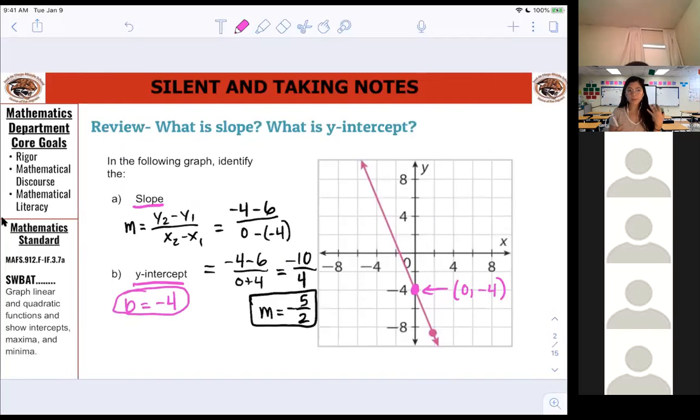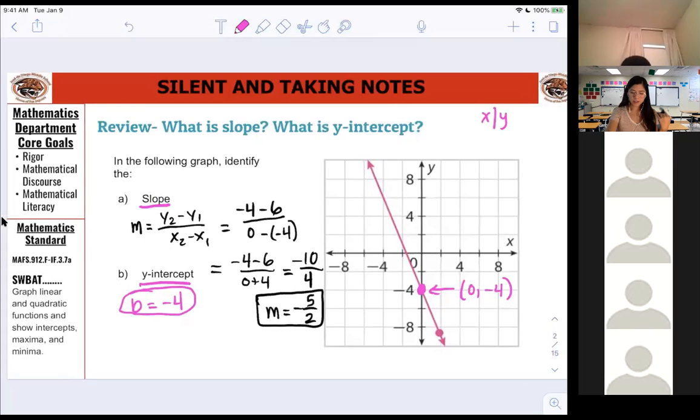We can represent them in a lot of different ways. You can make a graph of a function like we have here. We've seen tables of values, just like an x and y chart. That's also a way to represent a function. But at the end of the day, the more mathematical way to represent a function is by using an equation.